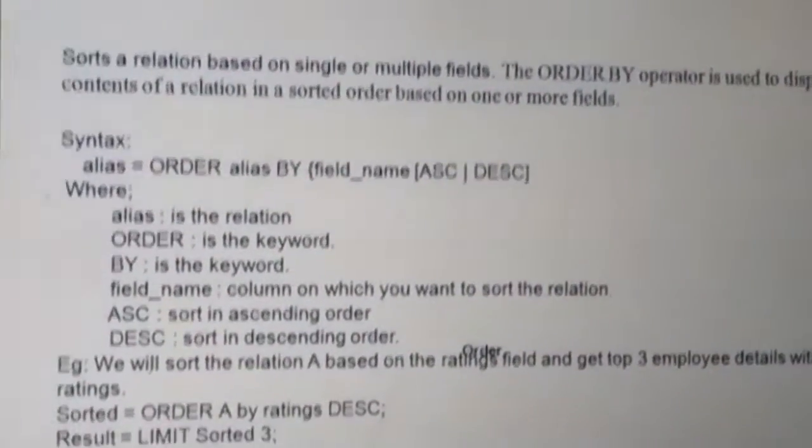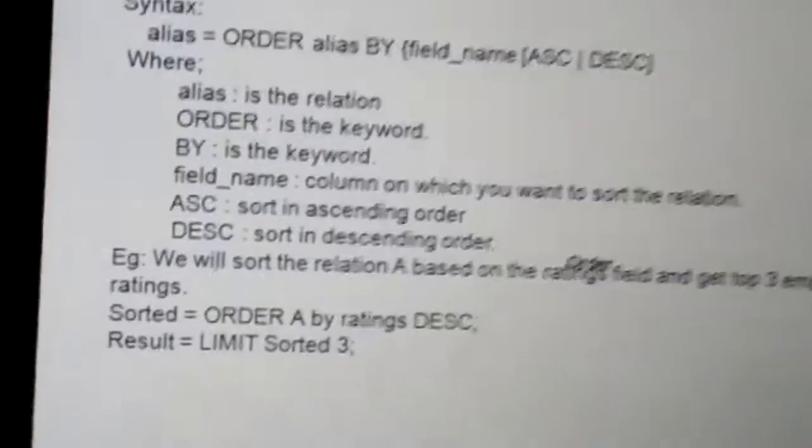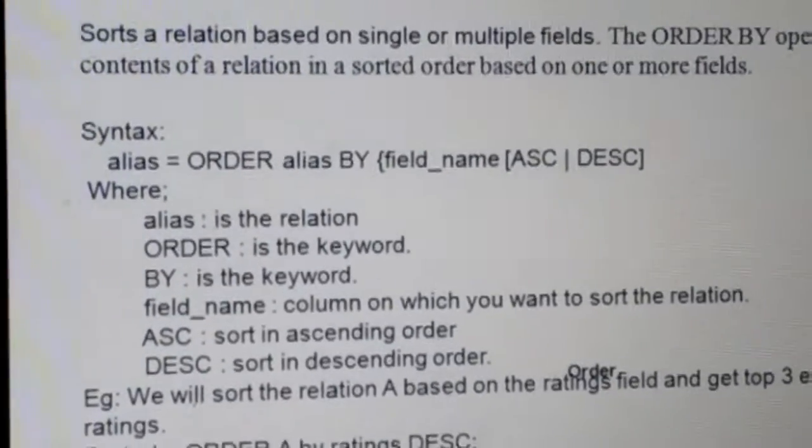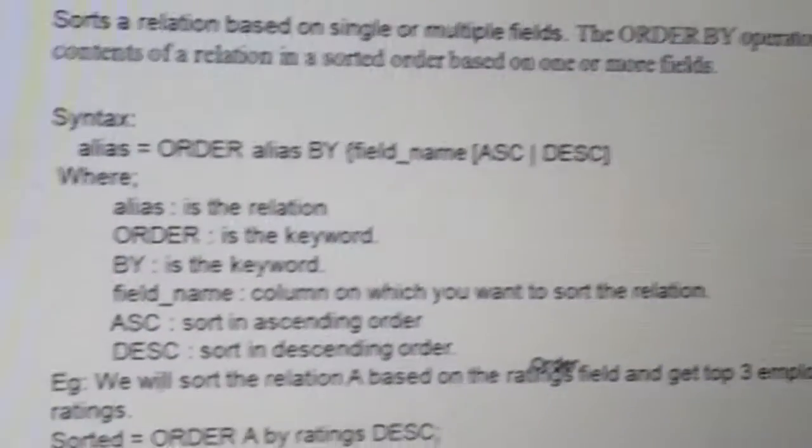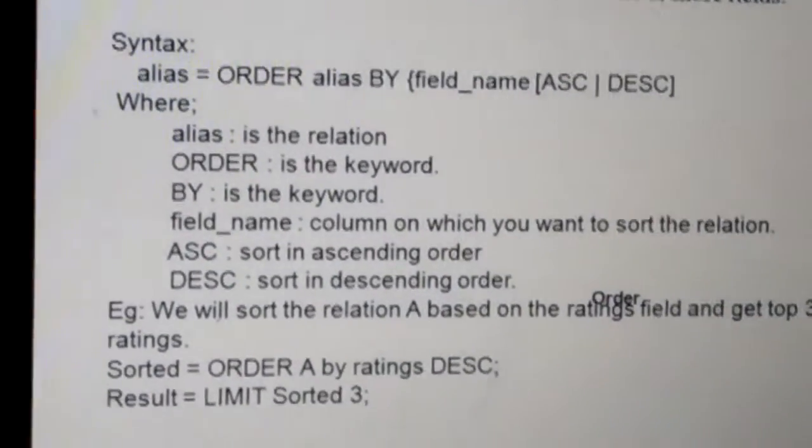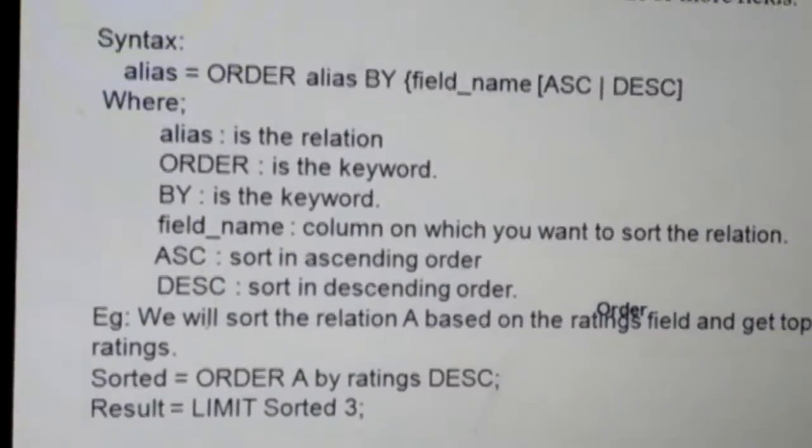Then order. Order sorts a relation based on a single or multiple fields. The order by operator is just like the order by clause of SQL. So it is used to arrange the contents of a relation in a sorted order based on one or more fields.